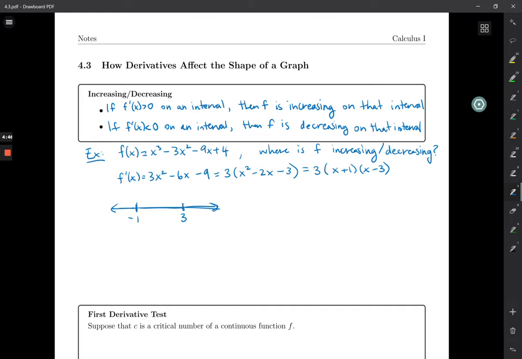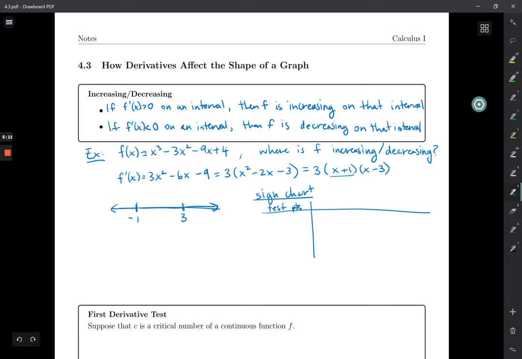And so we are going to create what is called a sign chart to do this, right? So what we will do is we'll have some test points, right? So we're creating a chart like this, and we will have columns for each of the factors.